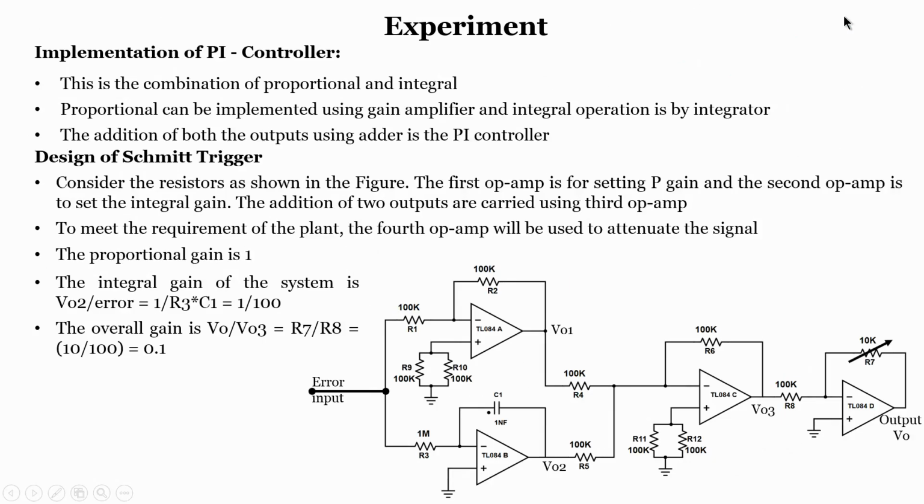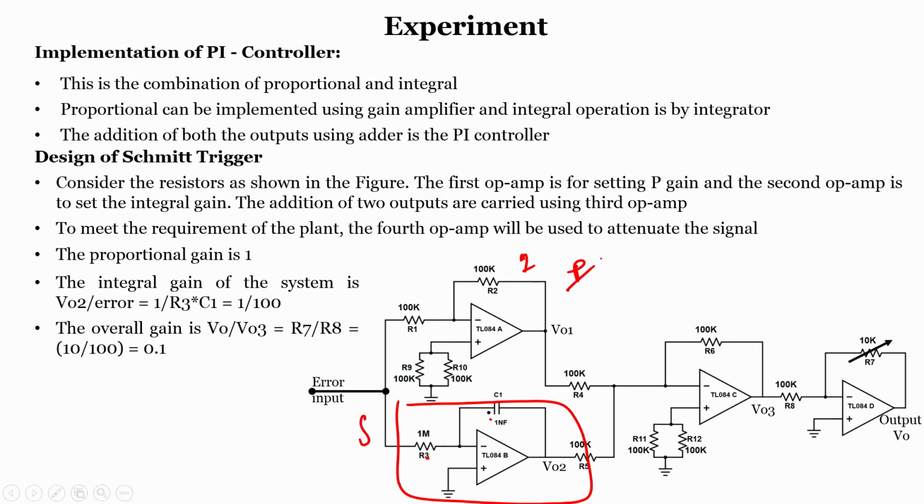If I see the complete system, the A portion of TL084, which is a quad op amp, so it has 4 op amps inside. The first op amp has a gain of 1, so it is acting as the P. If you see the B portion of TL084, a resistor and a capacitor, it acts as an integrator.